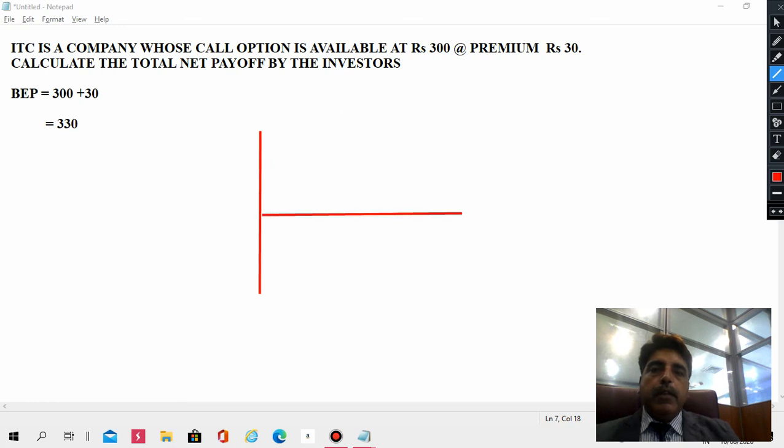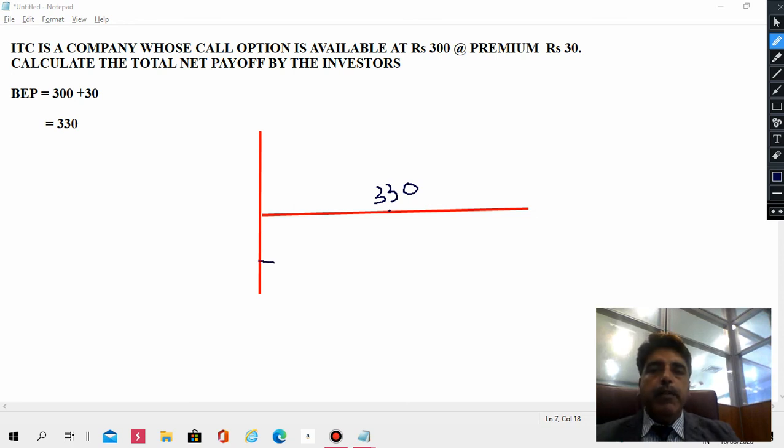Okay, what is the break even point? The break even point was here somewhere, this. How much? The break even point was 330. Below 300 point, they will lose the premium amount. So what is the premium amount?